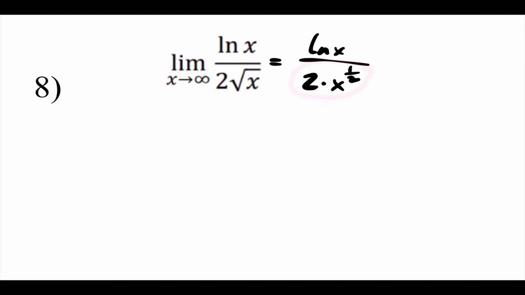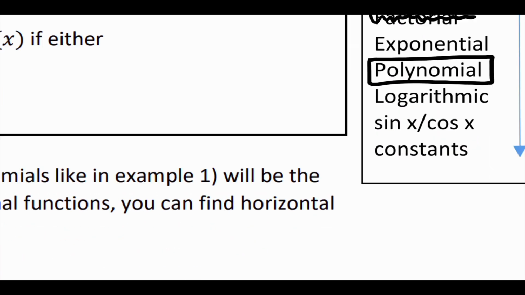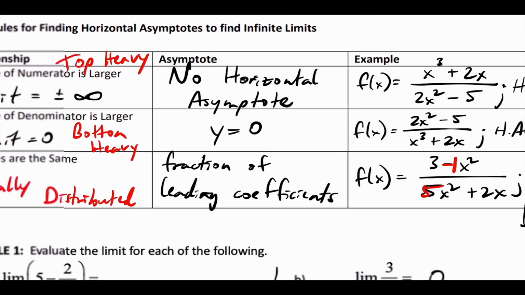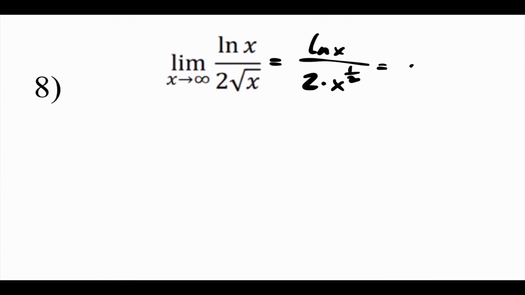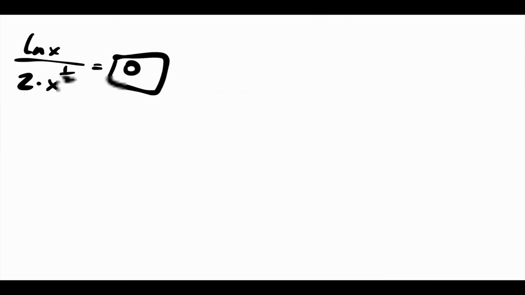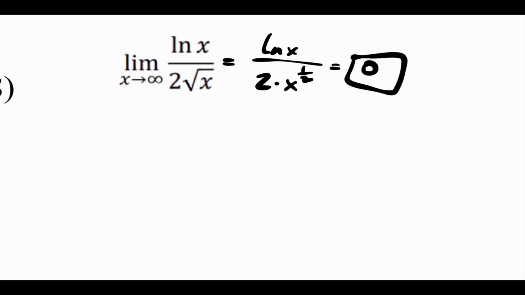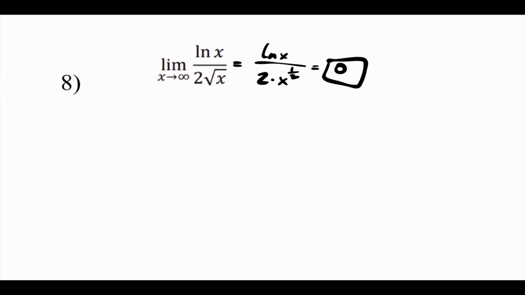Bottom heavy, the limit is always 0. That's just review. I'm not giving you any new rules or anything. That's just review from first semester. Okay?